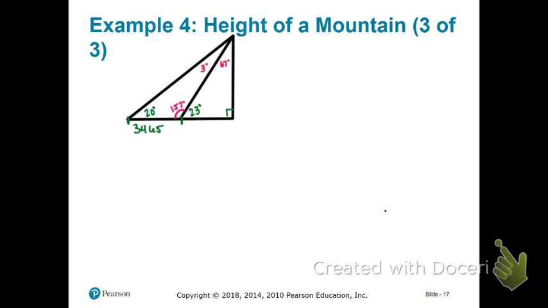All right. We're okay? We're good finding the angles? Now, remember, I didn't label it, but we're after this height over here, correct? The height of the mountain. So, if I could just look at the triangle I have there on the right.